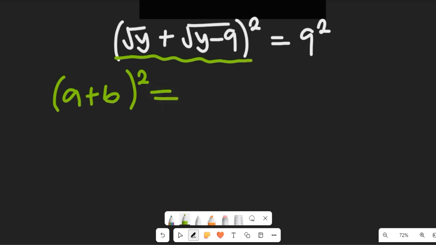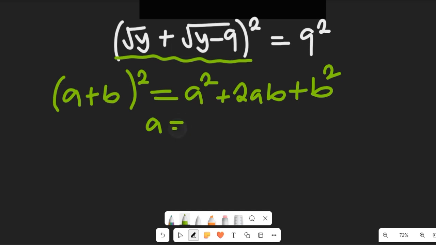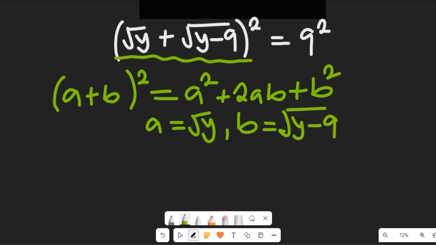And if you analyze the algebraic formula, you're going to have a square plus 2ab plus b square. Now, if we simplify this with a equal to the square root of y and b equal to the square root of y minus 9, we're going to arrive at a certain solution.